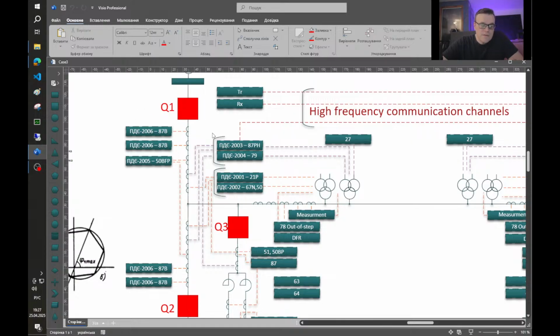So if we have problems with any phase on the circuit breaker and there is zero sequence current, the fourth stage usually makes a three-phase trip with the first signal sent to the opposite end.